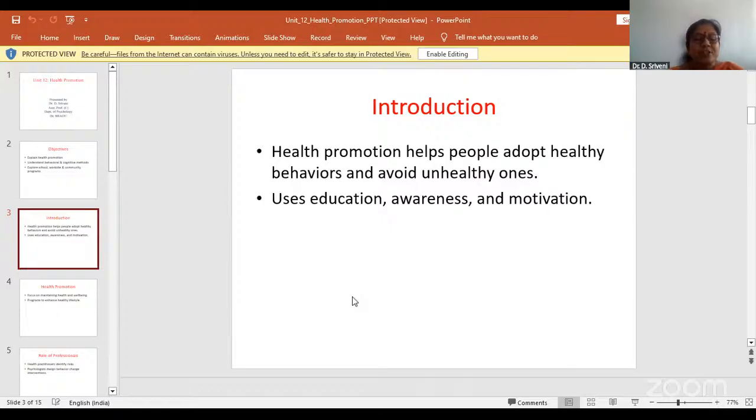So, this approach provides the knowledge and information necessary for individuals to follow and practice healthy behaviors that ultimately increase both the quality of life and total lifespan of the patient. And by shifting the focus from the hospital to the community, health promotion empowers individuals to see health as a positive resource for everyday living rather than just the absence of disease.